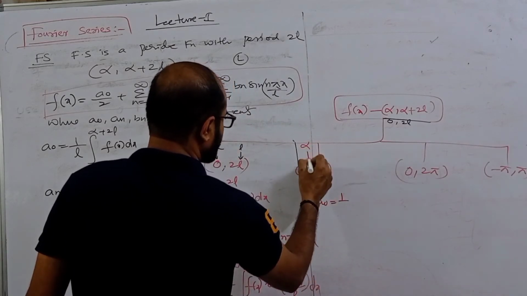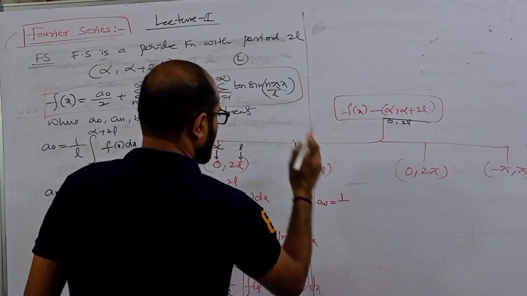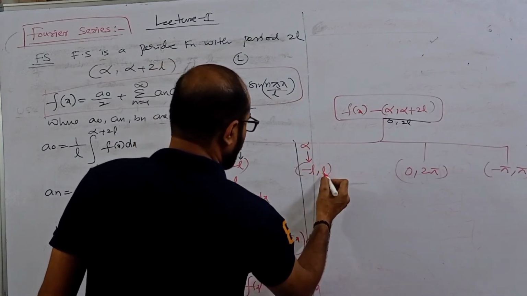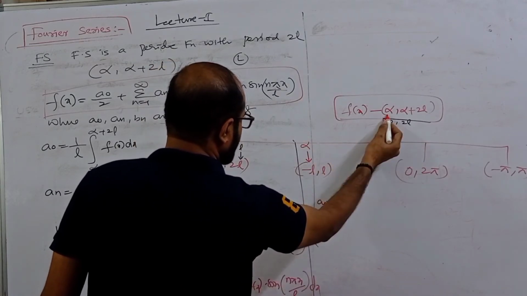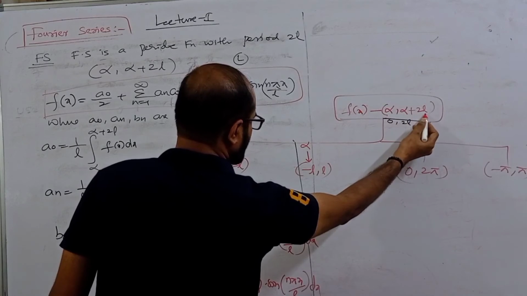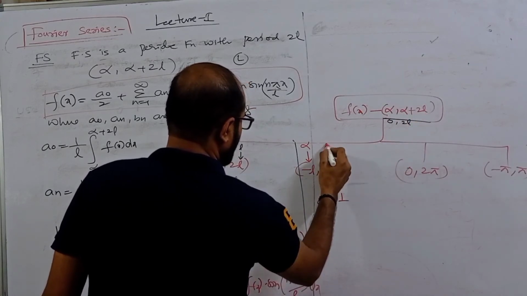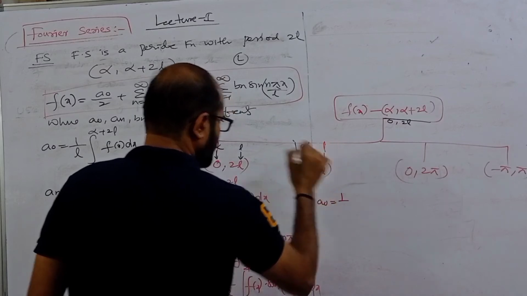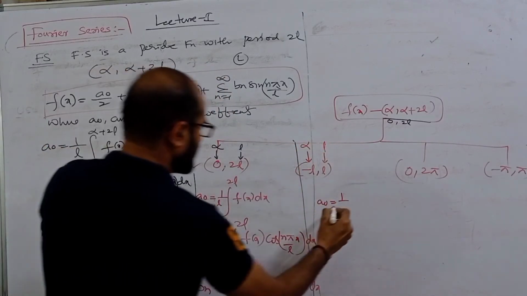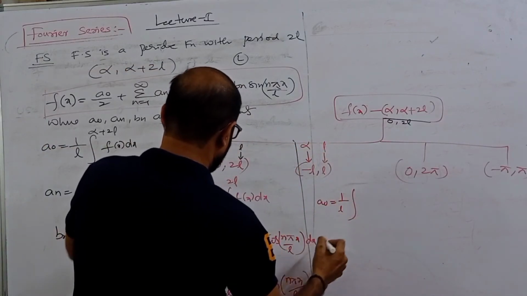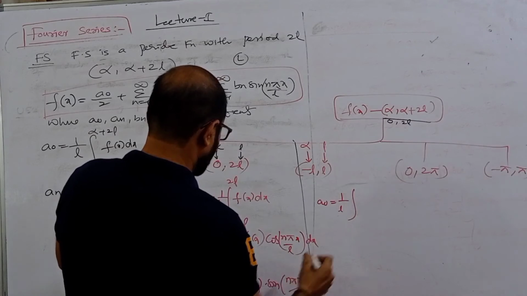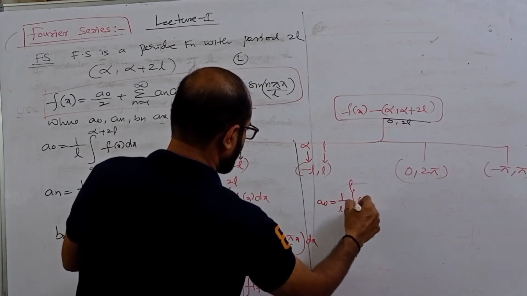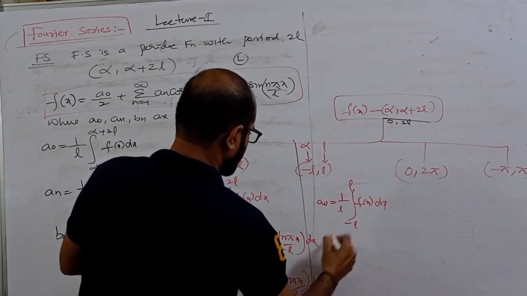Alpha value is minus L, and alpha plus 2L is automatically L. So L value is L only, L is the same, but alpha value is minus L. So a0 is 1 by L, minus L to L, f of x dx, right?